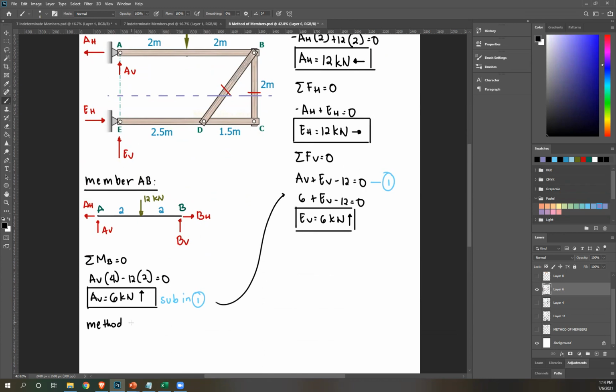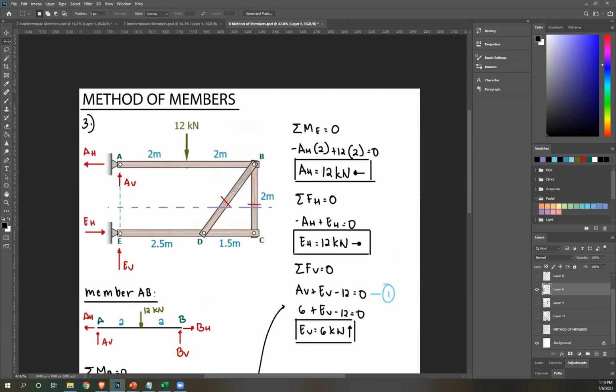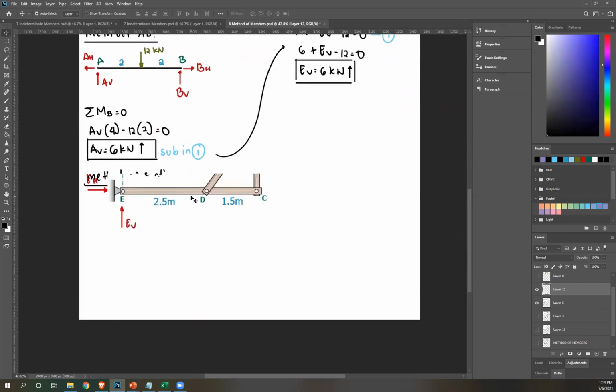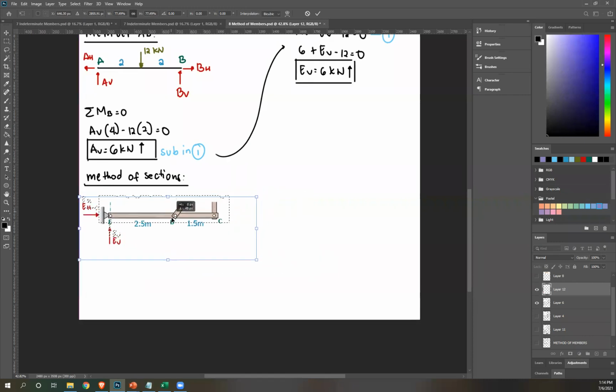So method of sections. Right. Okay. We're gonna isolate that again. If you want, you can draw just straight lines. And let's make it smaller.